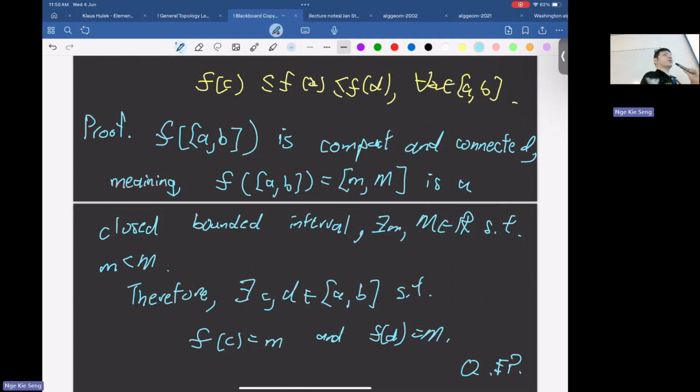Is the closed interval [a,b] connected? The continuous image of a compact set is compact. Is the closed interval [a,b] compact? We just proved that compact if and only if closed and bounded. So this set is closed and bounded. Every distance is strictly less than b minus a, so it's bounded.